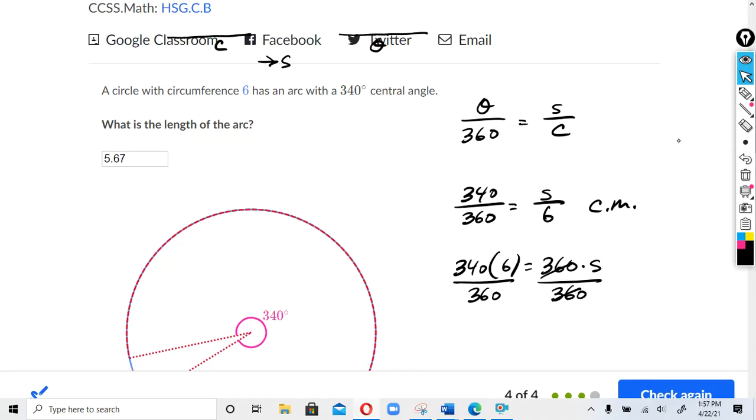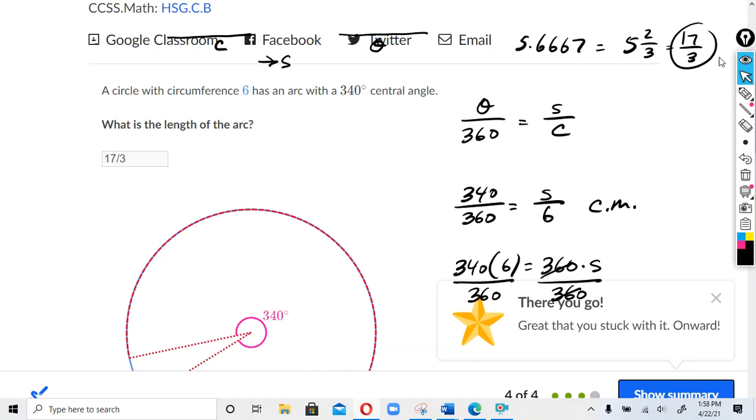I know that 5.6667 equals 5 2/3. 5 times 3 is 15, plus 2 is 17. 17/3. It'll take that, maybe. 17/3.